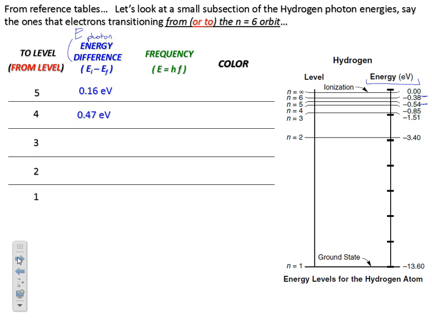From 6 to 4, the difference is 0.47 EVs. 6 to 3, the difference is 1.13. And so on and so on. Using E equals hf, we can find the photon frequency. I'm not showing the work, but I trust you can follow.